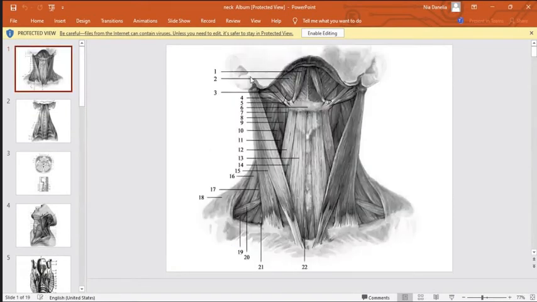The vessels and nerves which are located in this triangle are the facial artery and facial vein, the cervical branch of the facial nerve, and also the transverse cutaneous nerve of the cervical plexus.